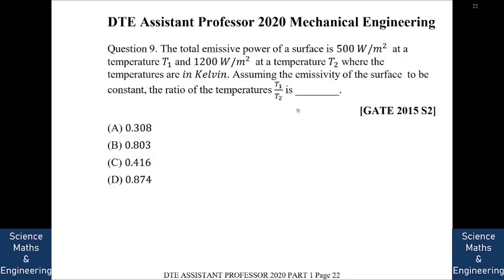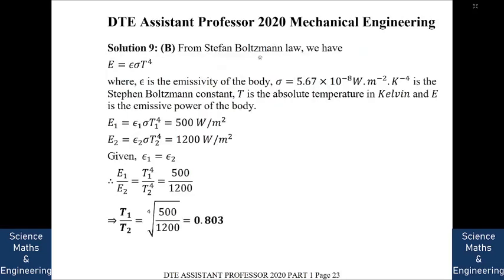So the answer is, from Stefan Boltzmann's law we get E is equal to epsilon into sigma T to the power 4, where epsilon is the emissivity of the body, sigma is the Stefan Boltzmann constant, which is 5.67 into 10 to the power minus 8 watt per meter square per Kelvin to the power 4, and T is in absolute temperature, that is in Kelvin. So E is the emissive power of the body.